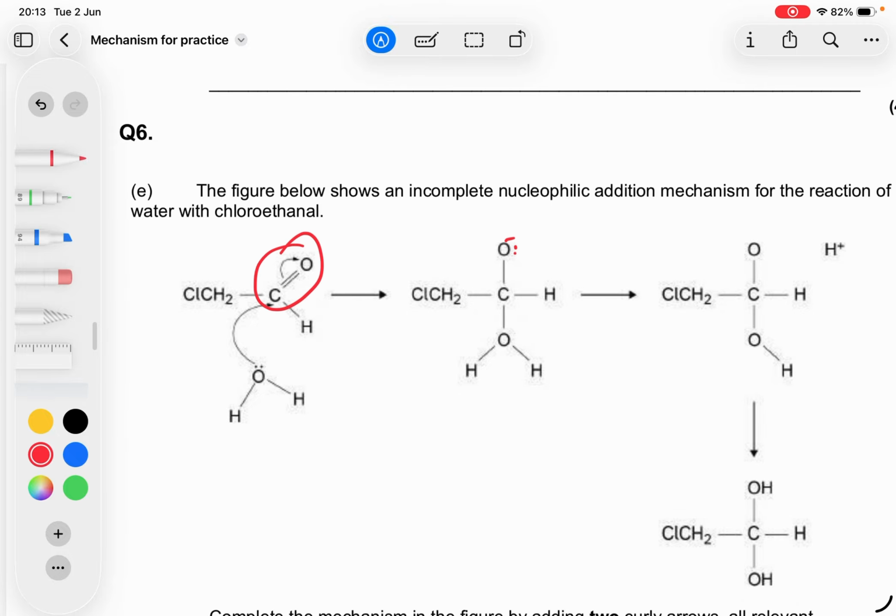because the oxygen has taken a pair of electrons towards itself, and then that's what you've got, and then this is nucleophilic addition. We normally do this in 1 step, but here they've done it in 2 steps.